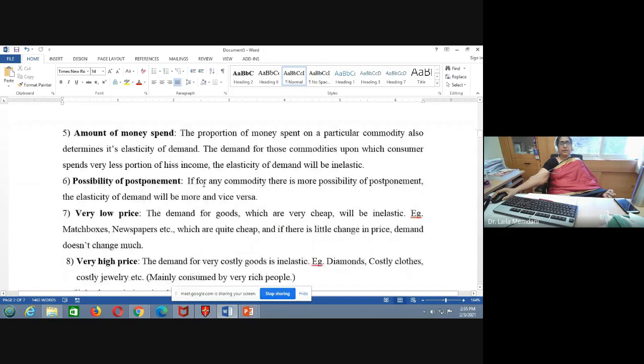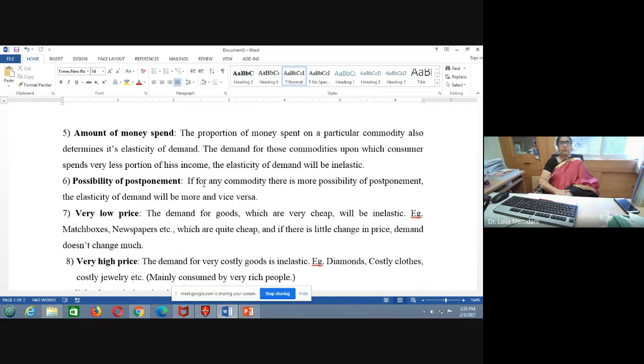Then elasticity also depends on the amount of money spent. If the amount of money spent out of the total income is a very small portion, then the demand will be inelastic, like for newspapers. The amount of money spent from the total income is very less. So a 50 paisa change or 1 rupee change in the price of a newspaper does not affect the demand.